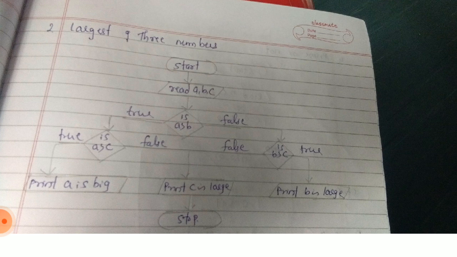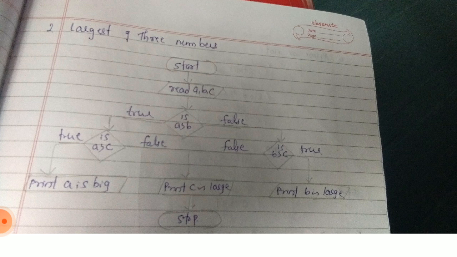In the next condition, it is comparing with the C. Here in the first condition, A is greater than B. If it is true, then only it comes towards the left part of that rhombus, the first condition. So here also it is comparing with the C. Is A greater than C? Yes.